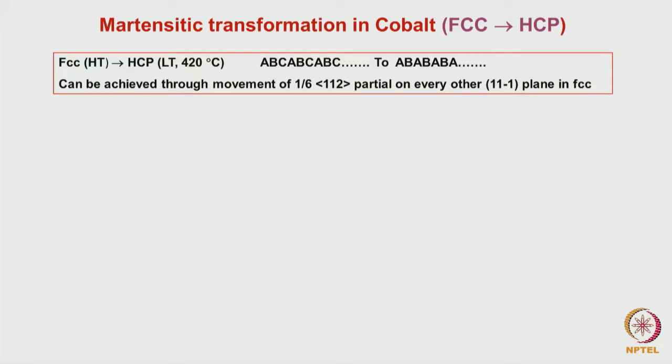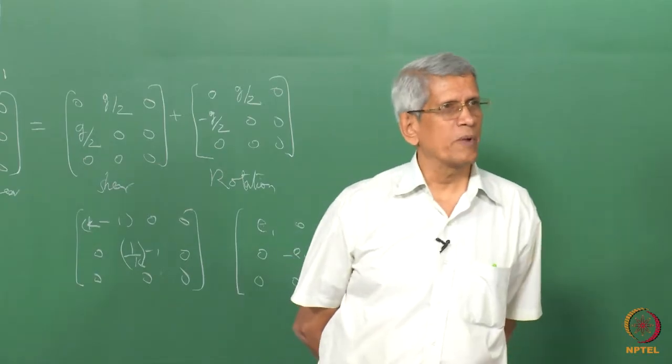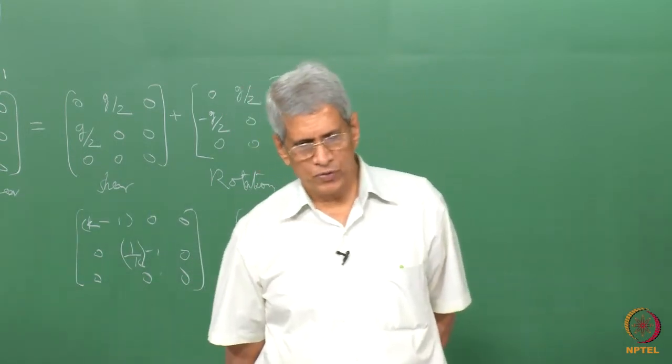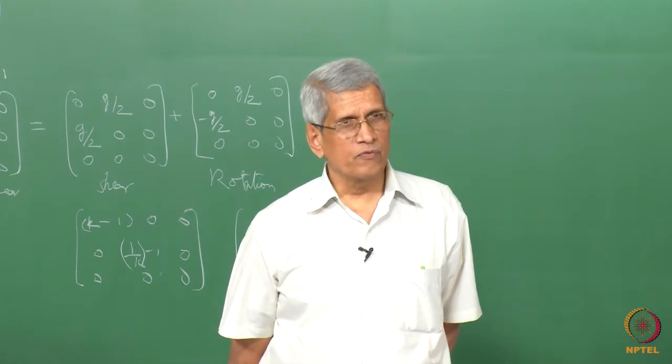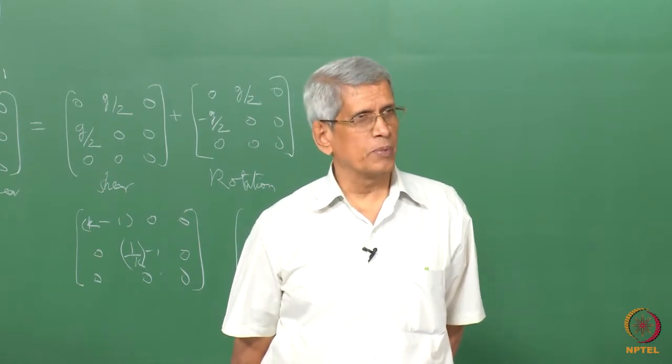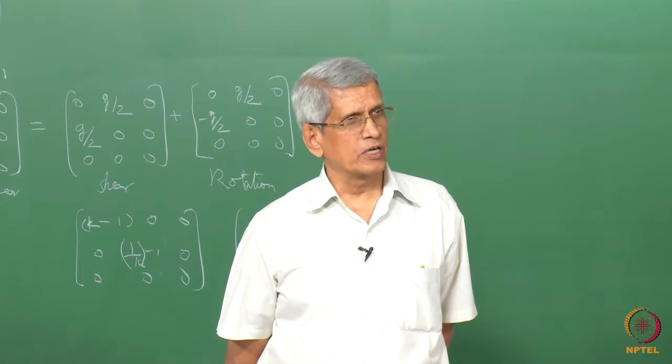One, the Martensitic transformation in cobalt. Cobalt at high temperature is hexagonal close-packed, HCP. It transforms to face-centered cubic, FCC, at lower temperatures, below 420 degrees centigrade.